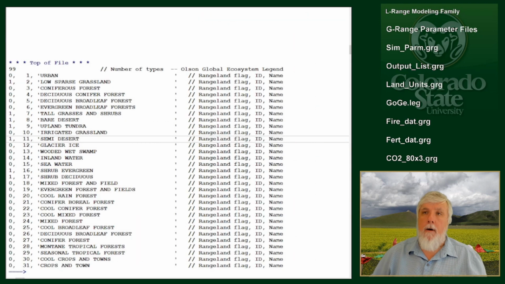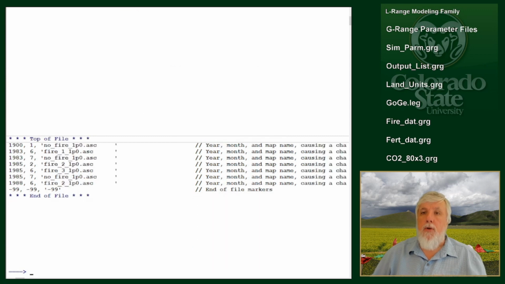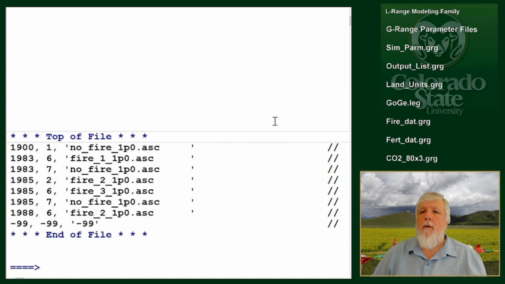Next is fire data, which is indeed controlling fire data. As we'll talk about in another video, fire is represented in one of two ways in G-Range. Either it's represented probabilistically, where each landscape cell has a probability that's assigned with a spatial map, but it's a separate affair from what's shown here.